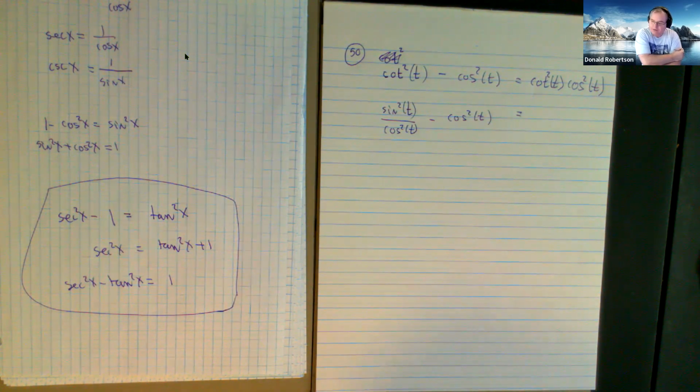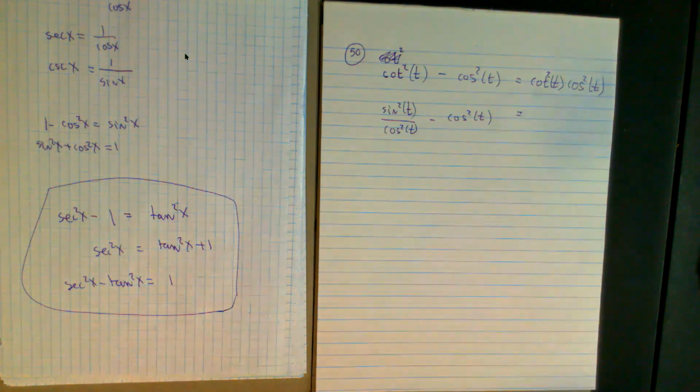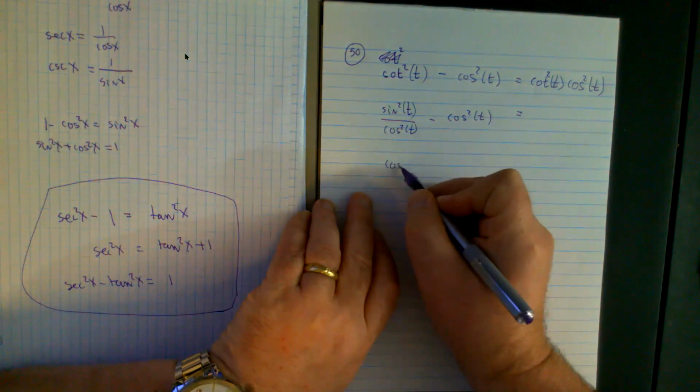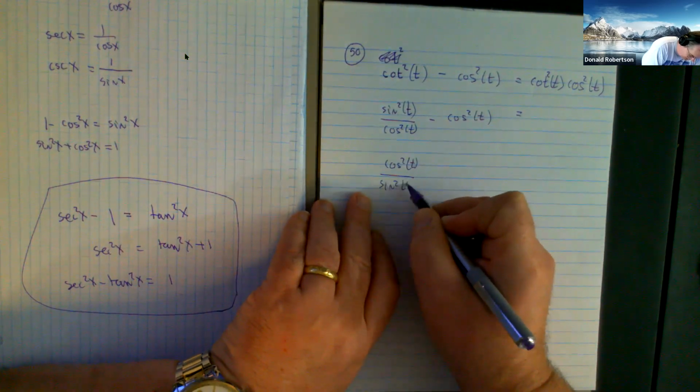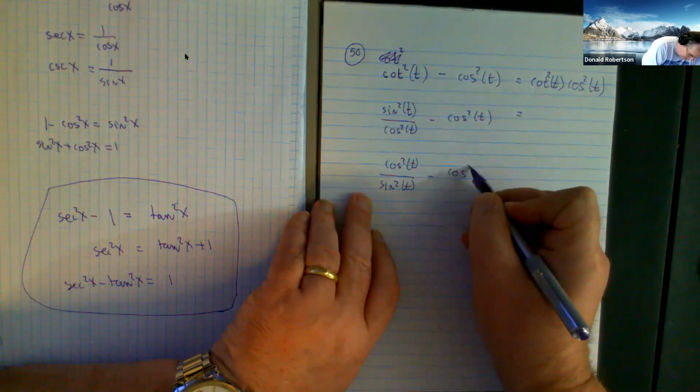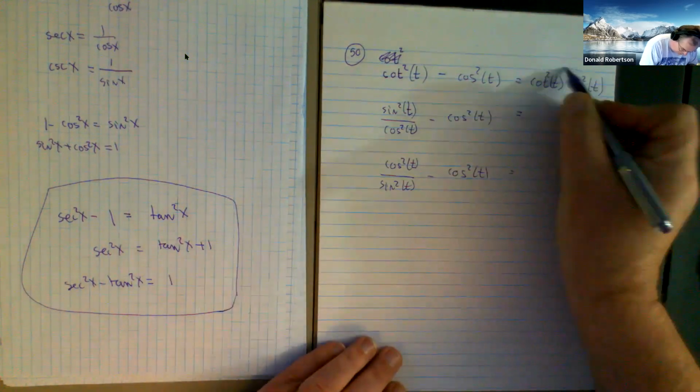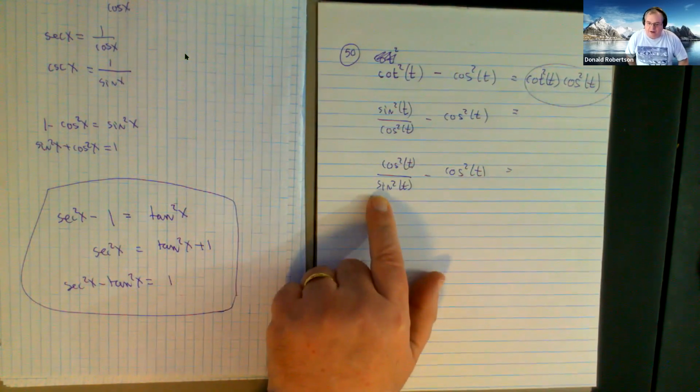So far, so good. And somebody should tell me something that I've done wrong because I can see it. What have I done wrong? It's cotangent, so it's cosine over sine. Okay. Glad I caught myself here. That does not look like that, or even vaguely like that.